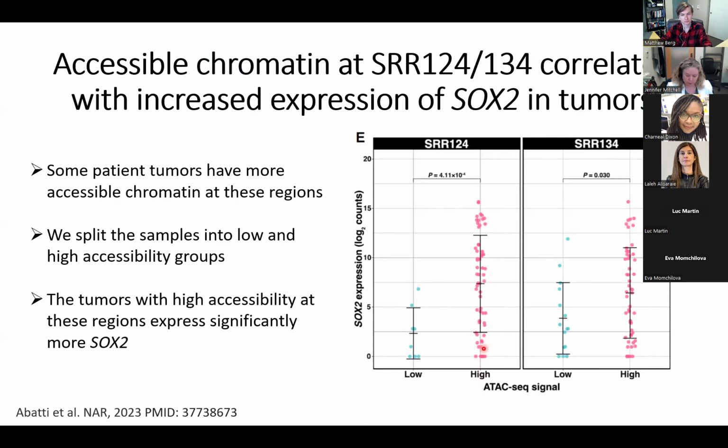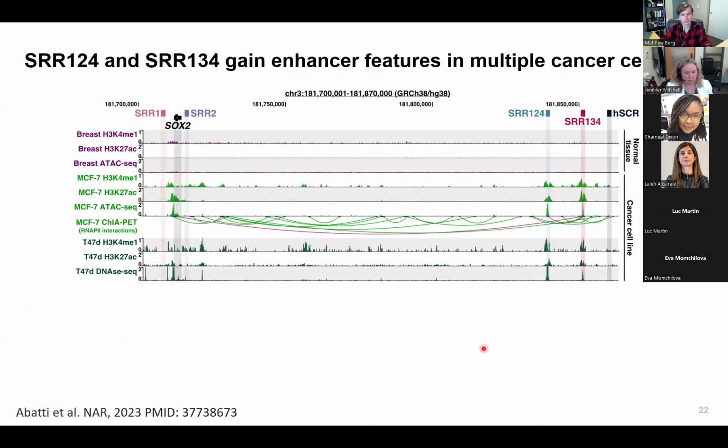But then, of course, we wanted to turn to some more functional assays. And so we needed some cell line models. For breast cancer, we turned to MCF7s and T47Ds. We saw that in both of these cell lines, they had more accessibility at these two regions compared to normal breast tissue, where we didn't see accessibility.